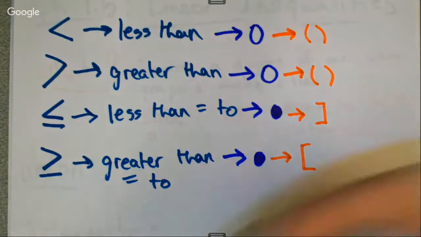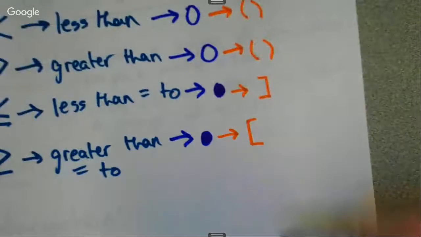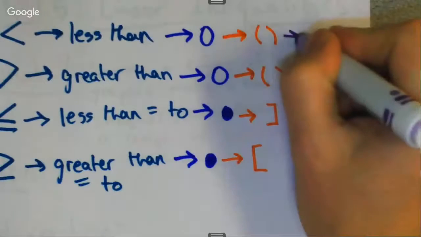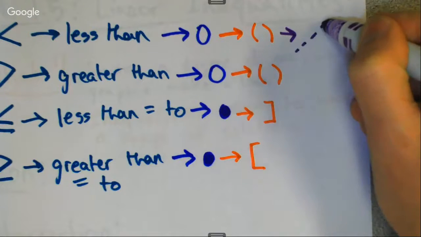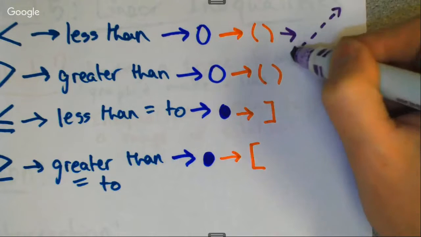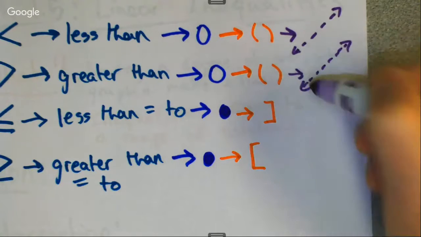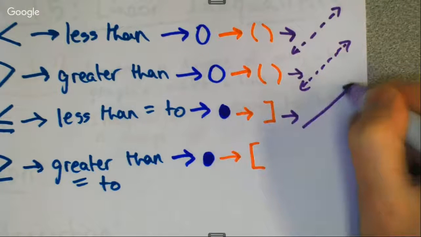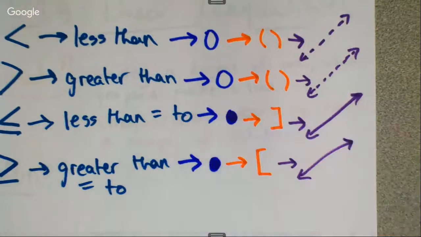Okay. And lastly, this is for when we get to two-dimensional graphing. We have a dotted line, and a dotted line. And here we have a solid line, and a solid line. Okay.